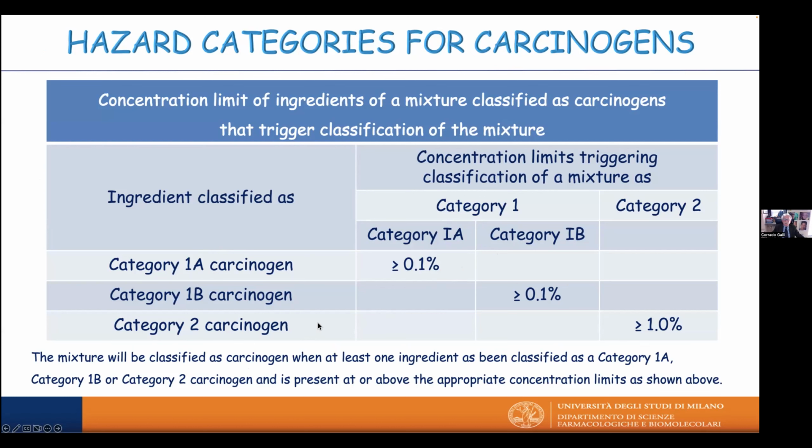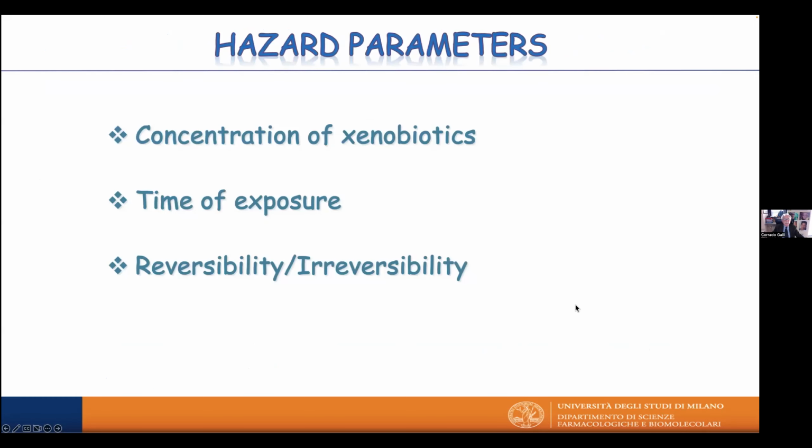If it's a carcinogen 2, then the concentration of your ingredient in the mixture should be less than 1%.